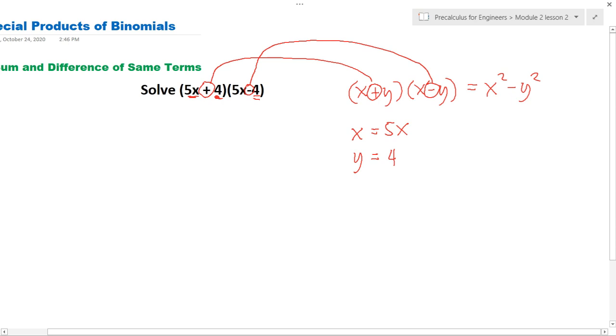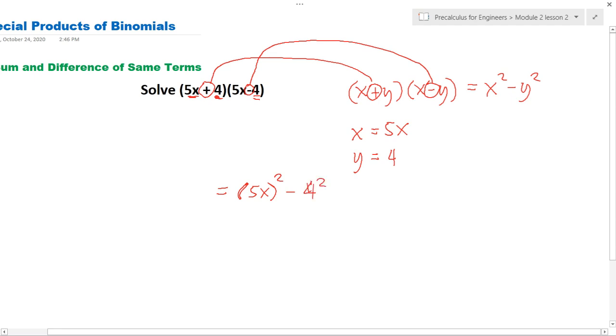So, pag ganito, you can just factor this as simply x plus y, x minus y. You can multiply them directly as x squared minus y squared. So, you just write 5x squared, kasi yung buong x is squared mo, minus 4 squared.